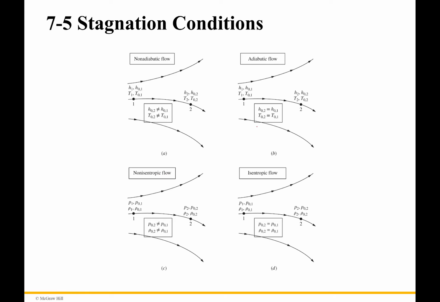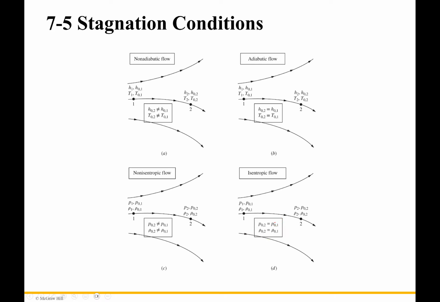Well, this would all be true, but I don't know anything about pressure or density. My total pressure and my total density, nothing is known there. But for an isentropic flow, my total pressure would actually be constant, and my total density would be constant. So both of these things are important.